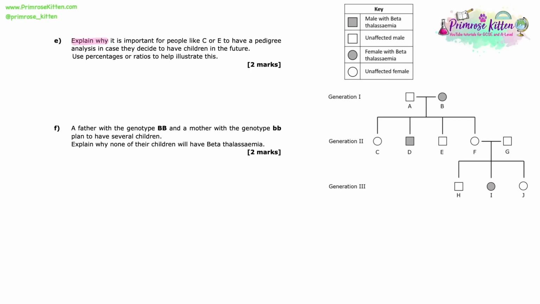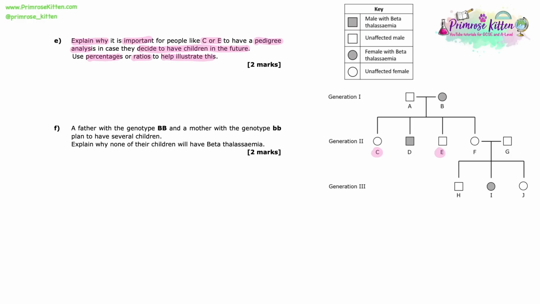Explain why it's important for people like C or E to have a pedigree analysis in case they decide to have children in the future. So we can see C and E are children of A and B. So their mum has beta thalassemia and so does their brother. It says use percentages or ratios to help illustrate this.